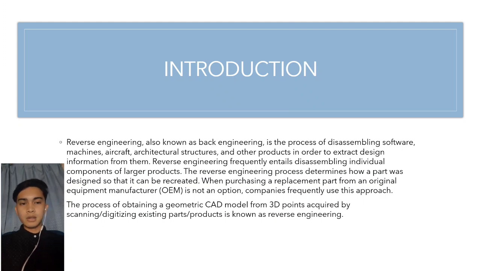Reverse engineering frequently entails disassembling individual components of fragile products. The reverse engineering process determines how a part was designed so that it can be recreated. It is used when purchasing a replacement part from an original equipment manufacturer, OEM, is not an option. Companies frequently use this approach.